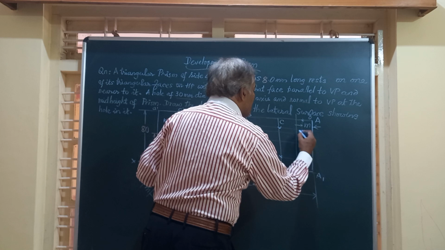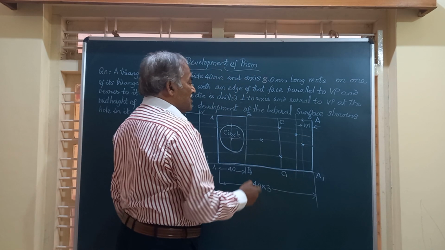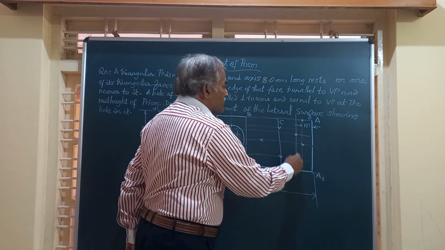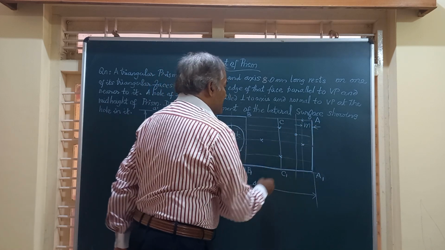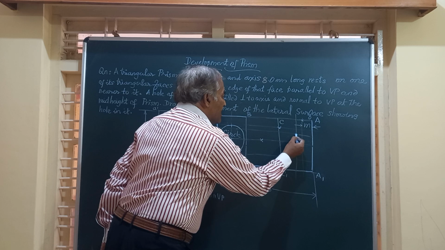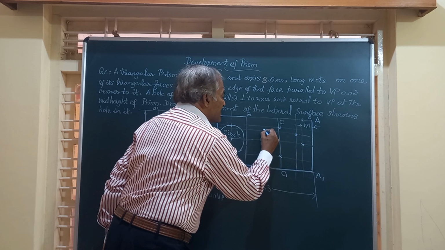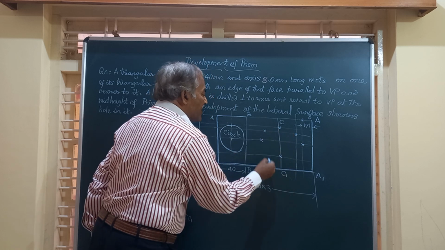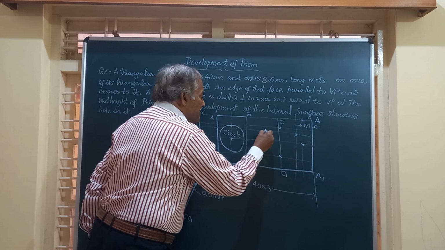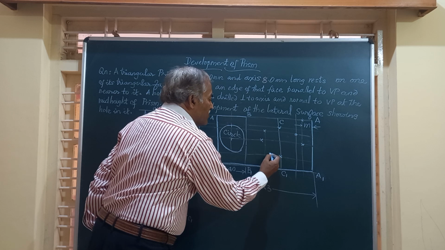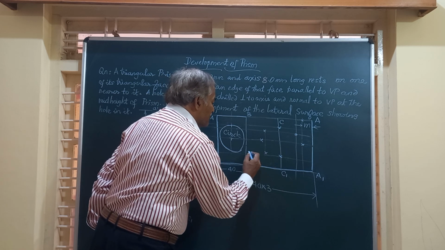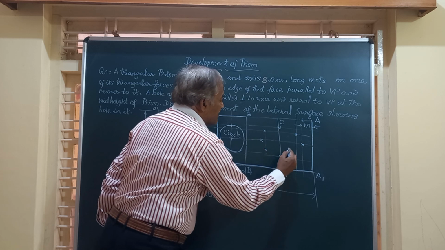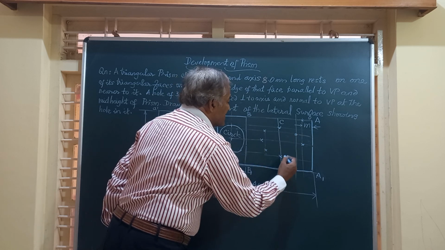So this is the point where the horizontal drawn from K is meeting this vertical drawn from this edge. So similarly, at equal distance on the other hand, you will have one more point. So friends, you got 6 points. Produce it downward, you will have one more point here. So friends, you got 1, 2, 3, 4, 5, 6, 7.